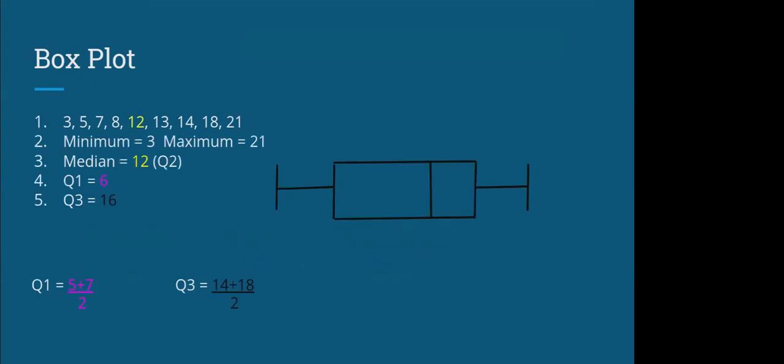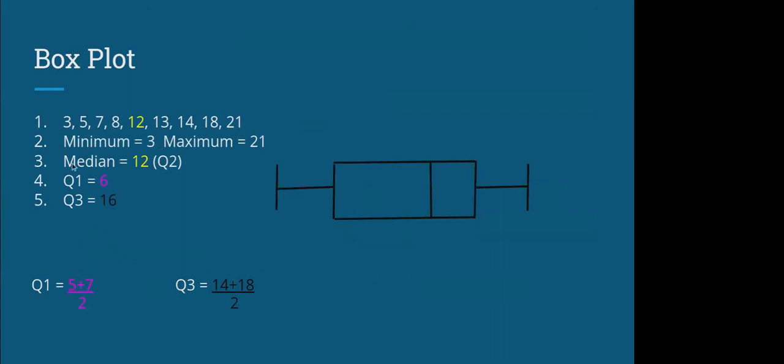the box plot. So if the data is in order, we identify the minimum value, which is the lowest, and the maximum value, which is the highest. Now we start talking about the quartiles.